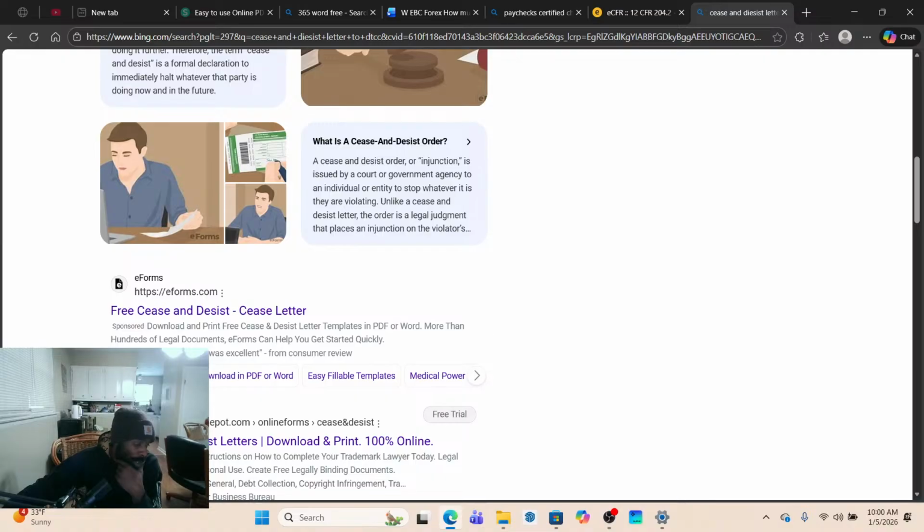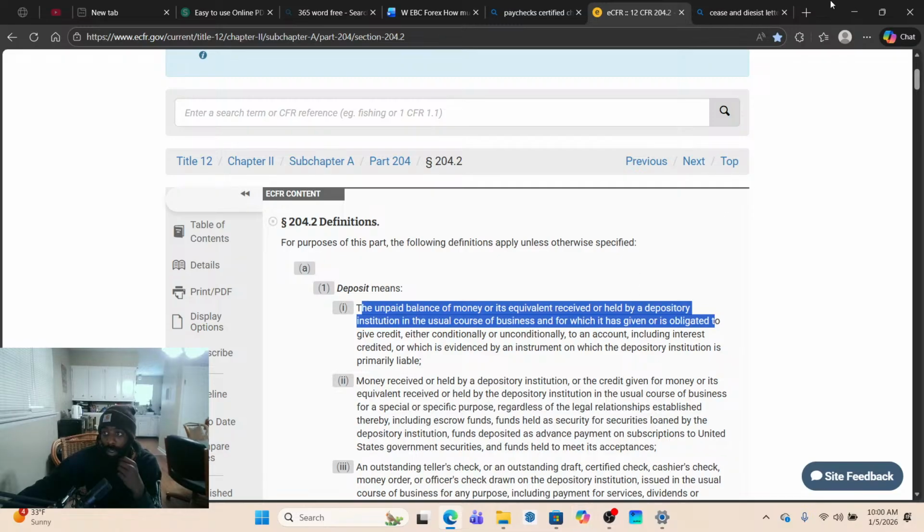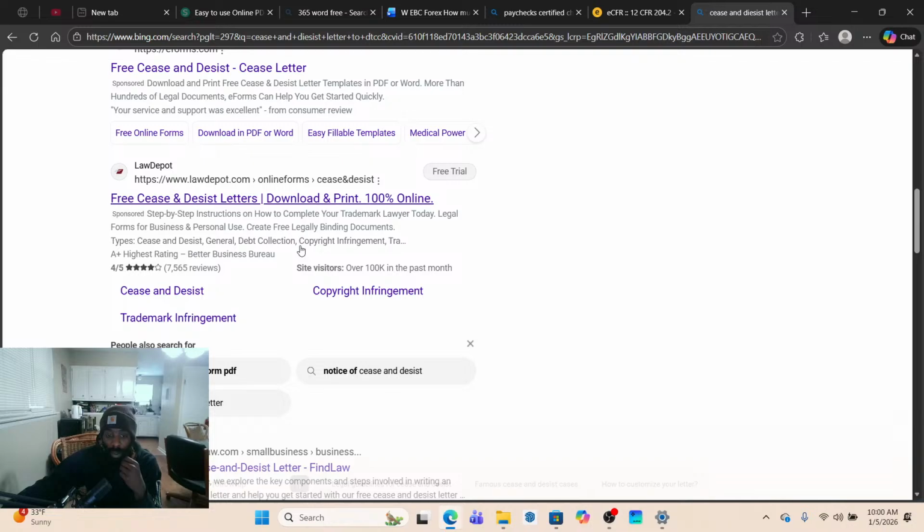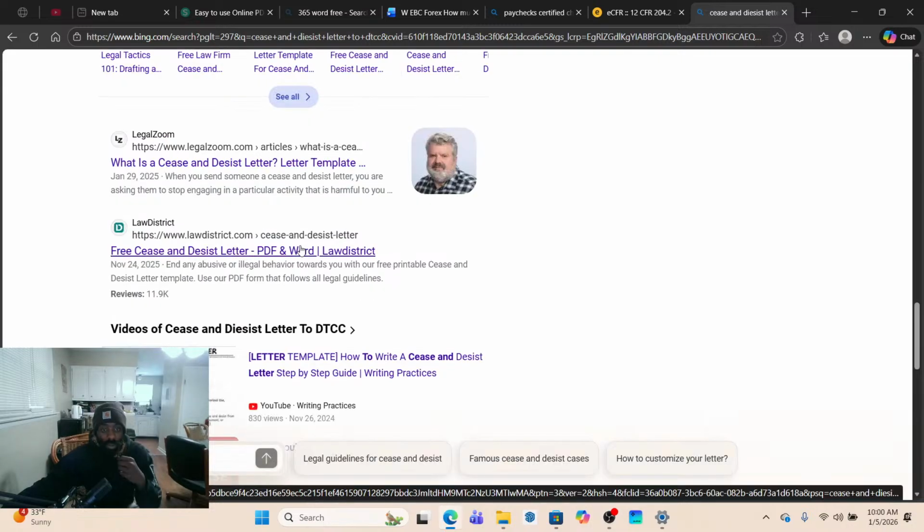Come on. See how this is loading up super slow. Let's go. Chat, I apologize. I don't know if it froze or not. There we go. It froze up.